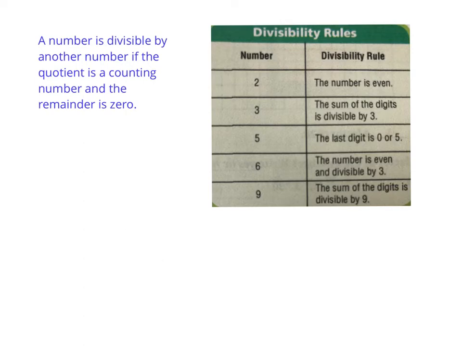So going back to our last problem, we divided 32 by 3, and we saw that it was 10 with a remainder of 2. Therefore, 32 is not divisible by 3, and that means that 3 is not a factor of 32.